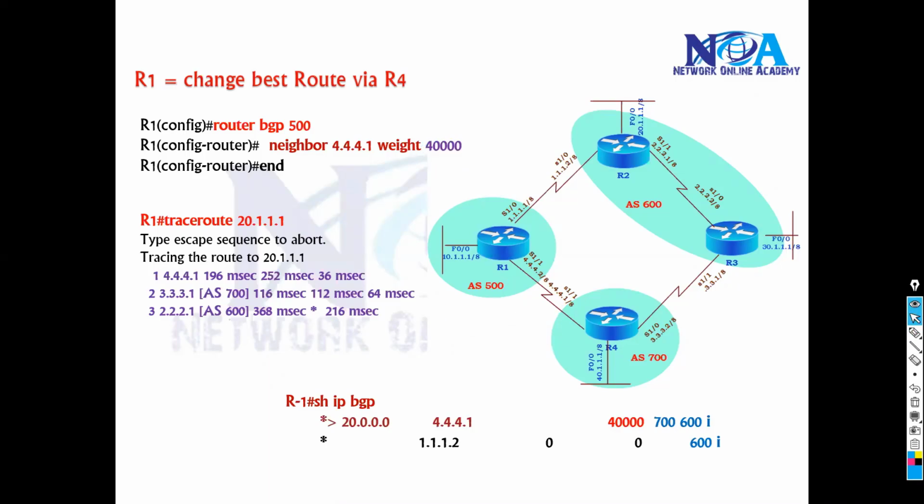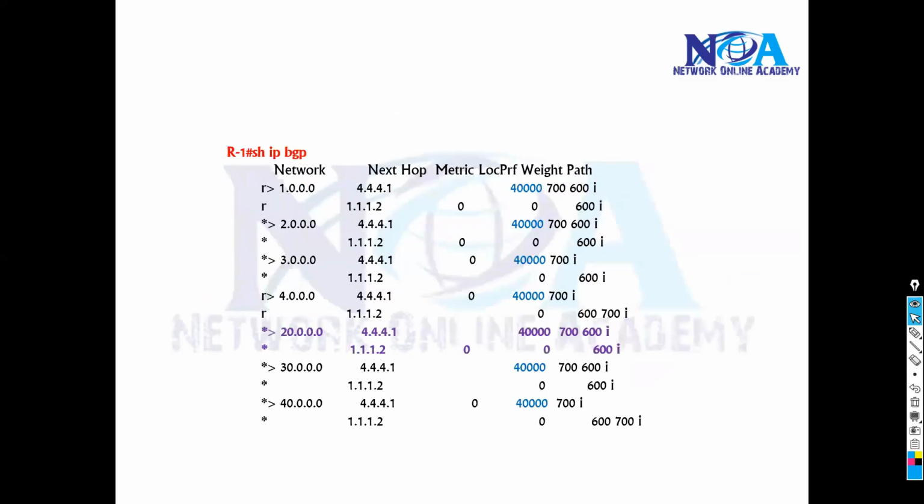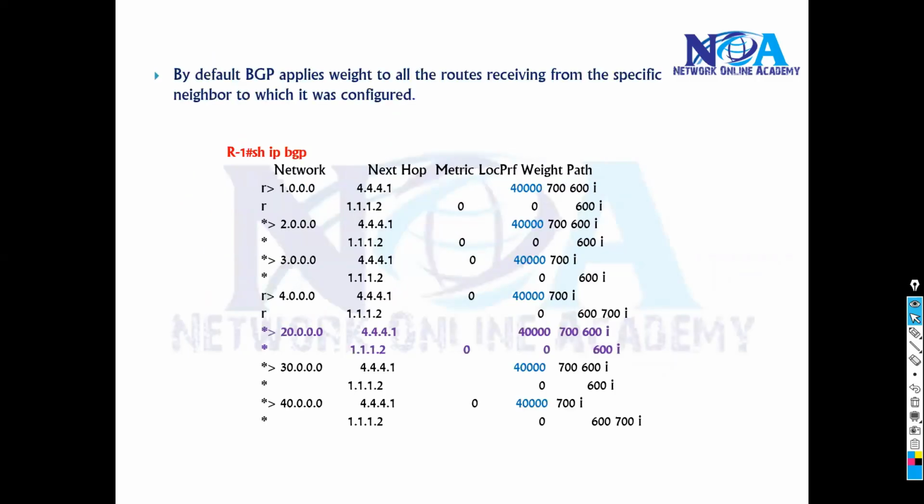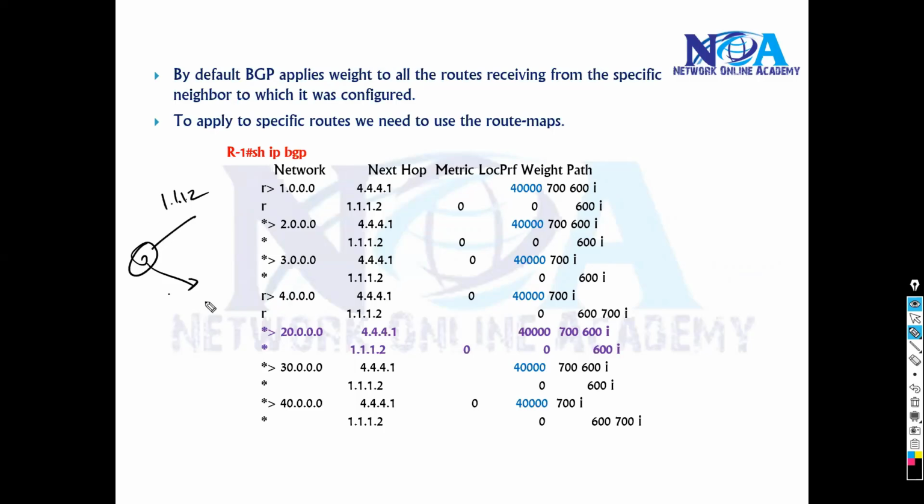But again, the problem with this one is, when you are applying the weight, by default, it is going to apply the weight for all the prefixes, all the routes, which are being learned from that neighbor. So which means in my case, if you try to see, we got a router 1 connecting to router 2 and then to router 4, that is 4.4.4.1.